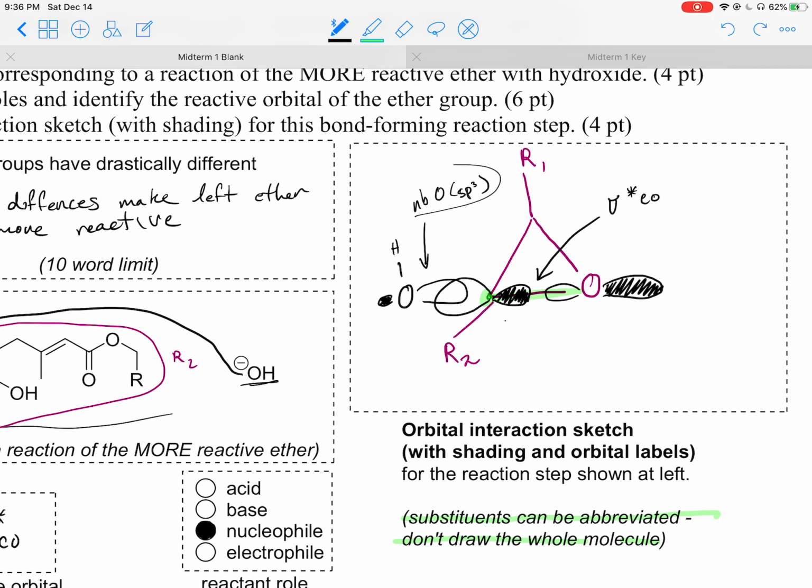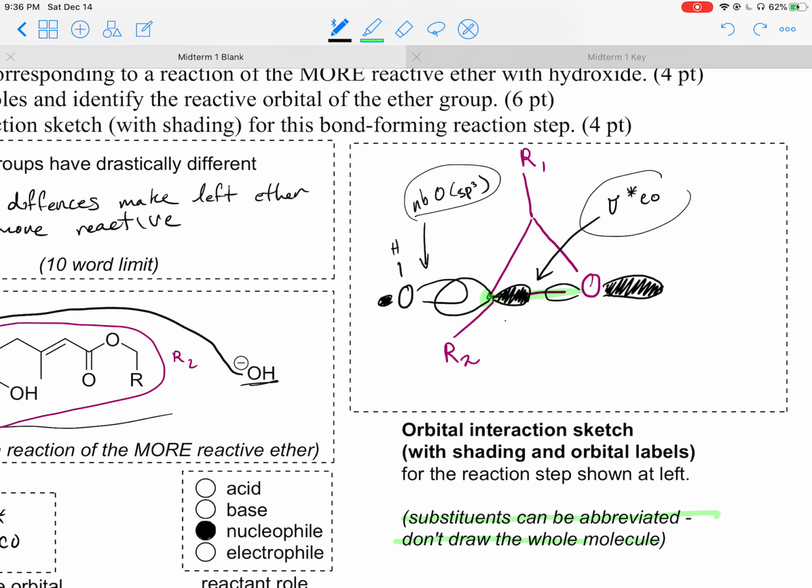But yeah, so we showed the two orbital labels that are interacting here, and we showed all of the orbitals, making sure that we switch between shaded and unshaded for each atom. Each one has to have one side shaded and one side unshaded. Each of these are sp3, even though I drew them in varying sizes.